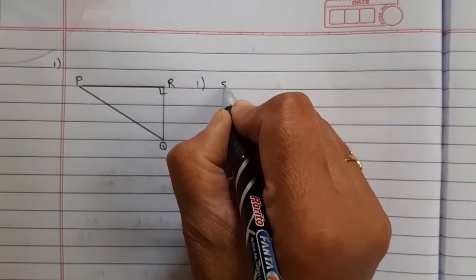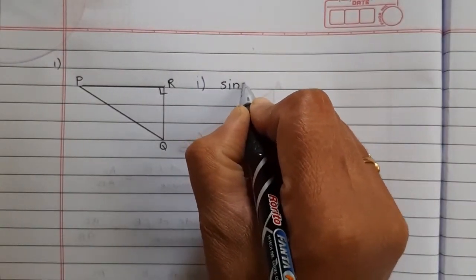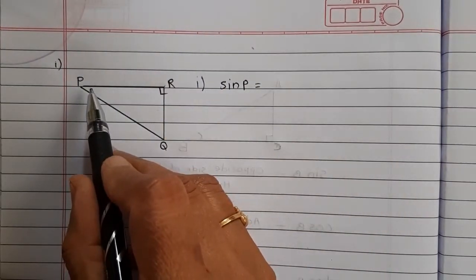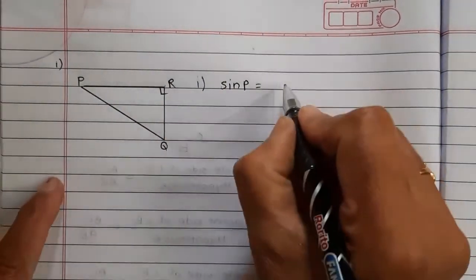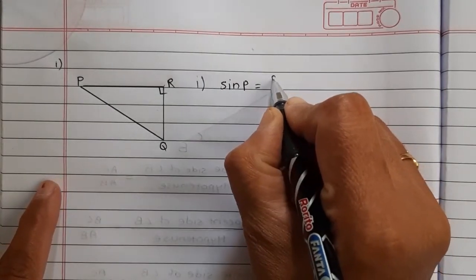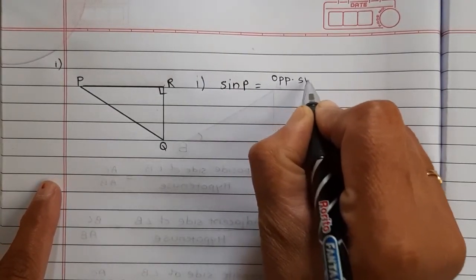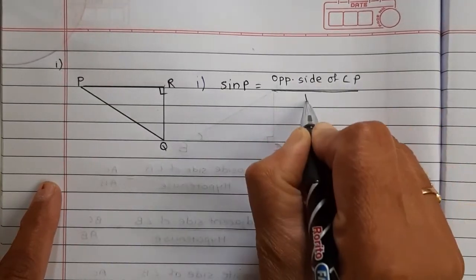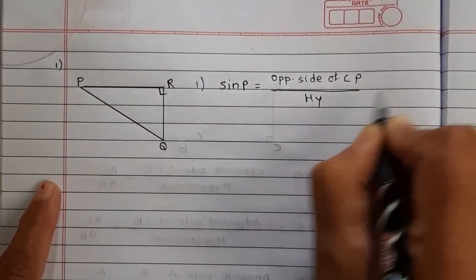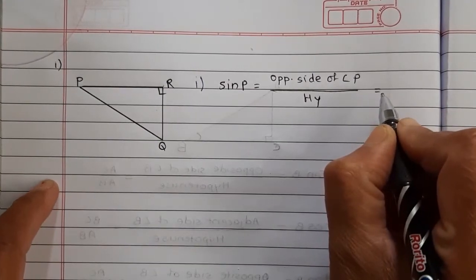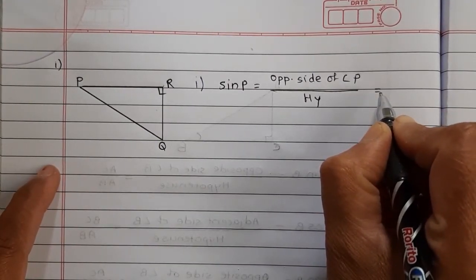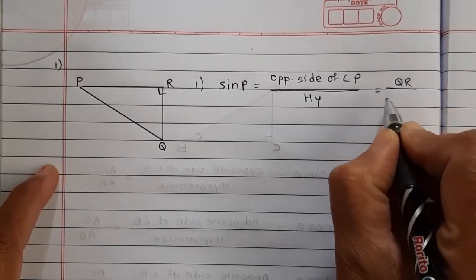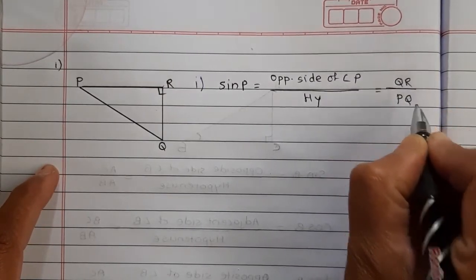See sin P. Now we know that sin P means the opposite side of angle P divided by hypotenuse. Now which side is opposite to angle P? That is RQ or QR. So QR upon PQ, which is the hypotenuse.